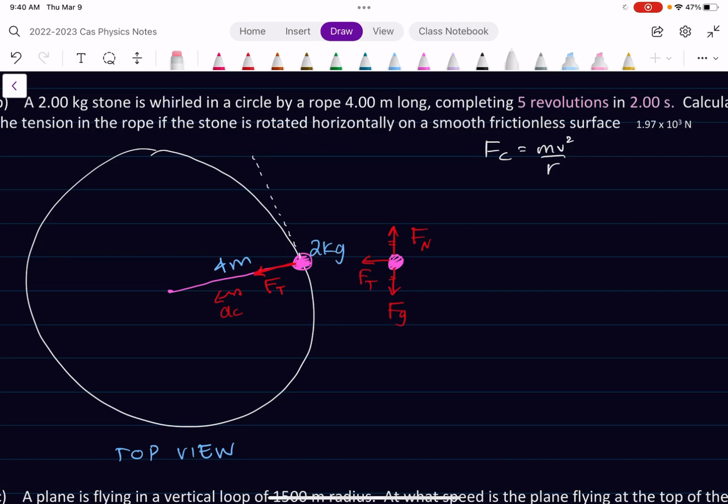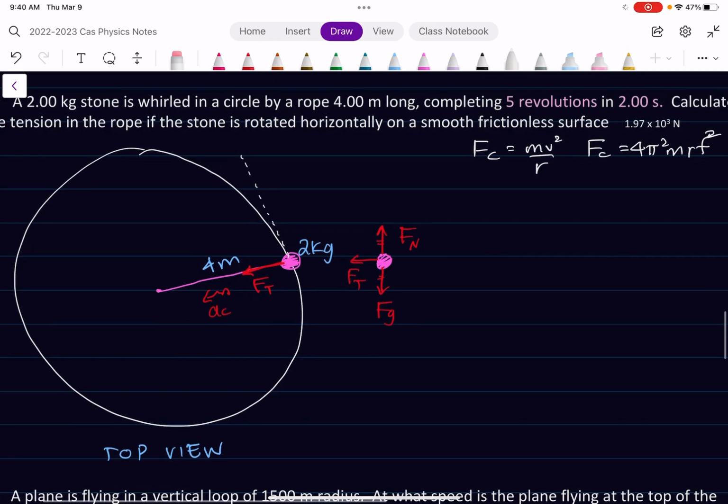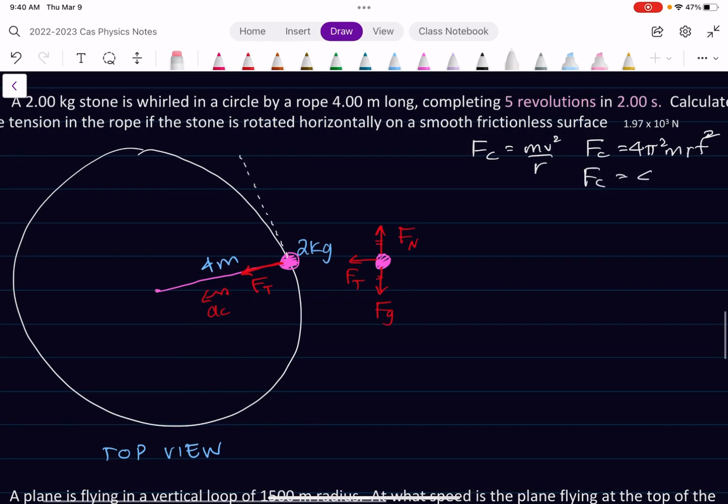We have 2 others: FC equals 4 pi squared m r f squared, or FC equals 4 pi squared m r over T squared, where f is the frequency and T is the period. It doesn't matter which one you use. The last 2 are more suitable.